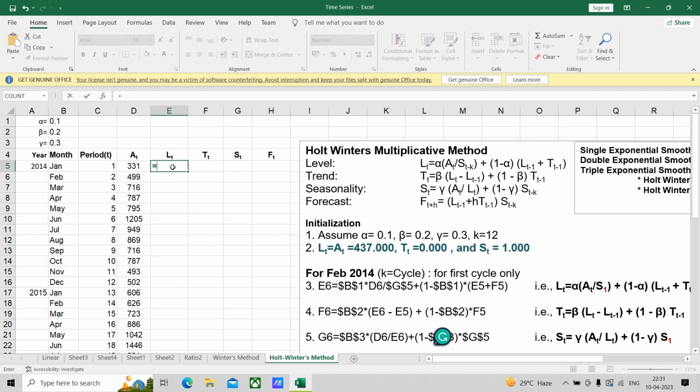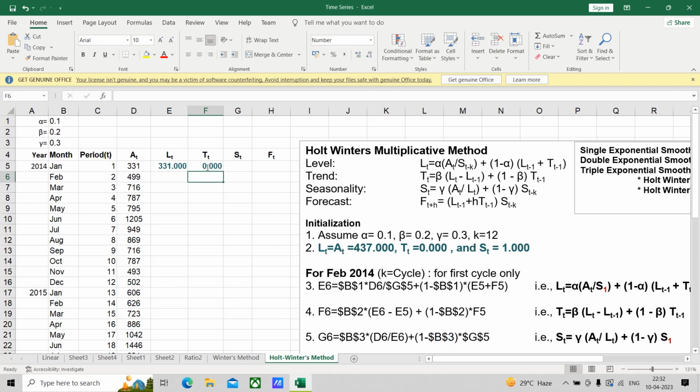So I have put here equal sign, and if we want to store this value, then we will click this cell. This value will be stored in this cell. Okay, and the trend data for the first month or first period is not available, so I initialize it by 0.